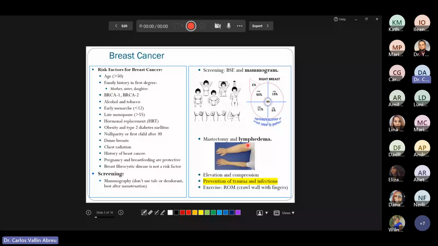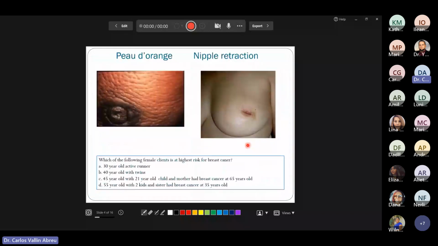Okay, so this is the most important. When you see this picture that looks like the skin of an orange, because of the dimples that make the pores, it is the most severe, the most advanced form of cancer.